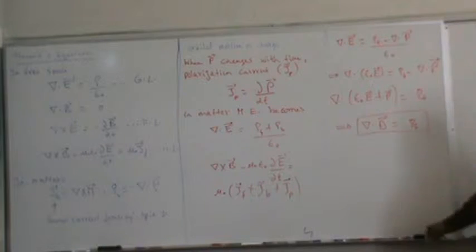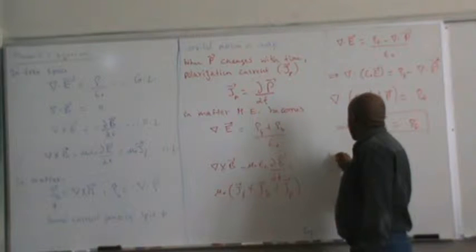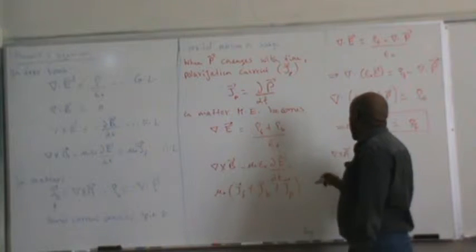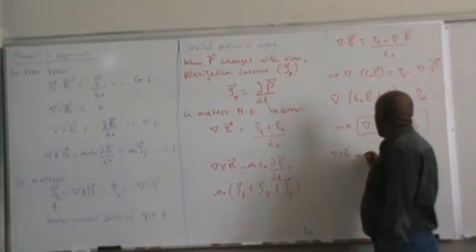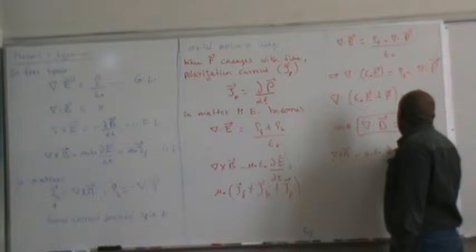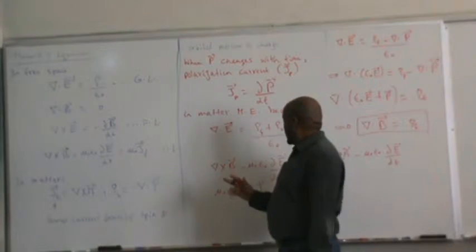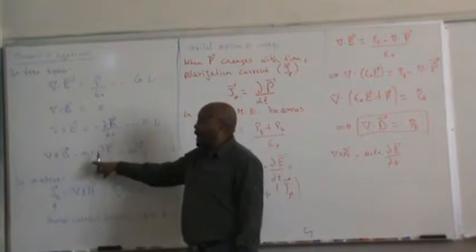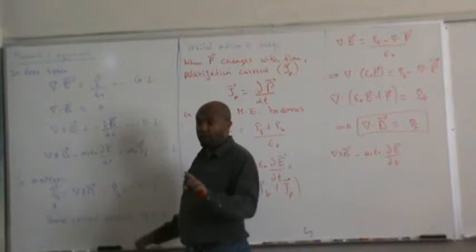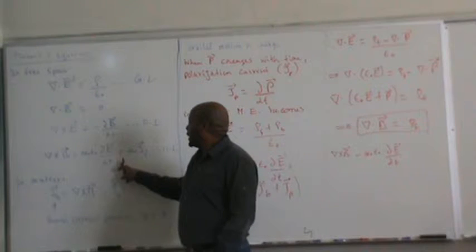On the other hand, for Ampere's law, the curl of B minus mu naught epsilon naught, or let's use this time, dE by dt. You know, last time when we came up with this equation, when we modified Ampere's law, we said that this term is related to what?